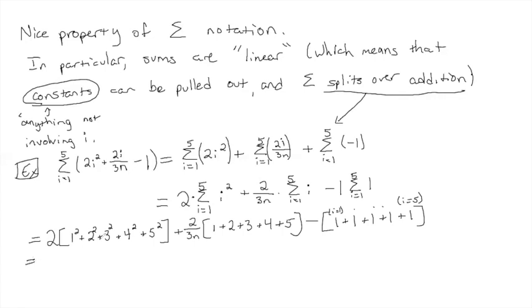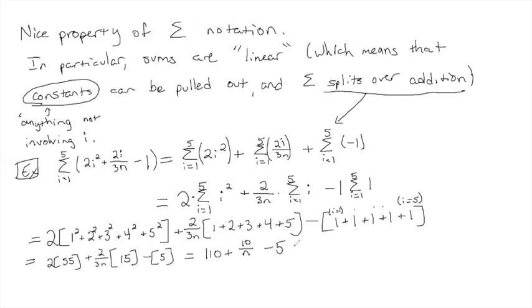Okay, so what do I get out of this sum? Well, I'll simplify it a little bit. That ends up just being 55. You can check me on that if you like. This isn't the important part. We all know how to add and take squares. This is 15. Yeah, 15. And this is just 5. Okay, so I get 110 plus 10 over n, I'm sorry, my notes don't match.